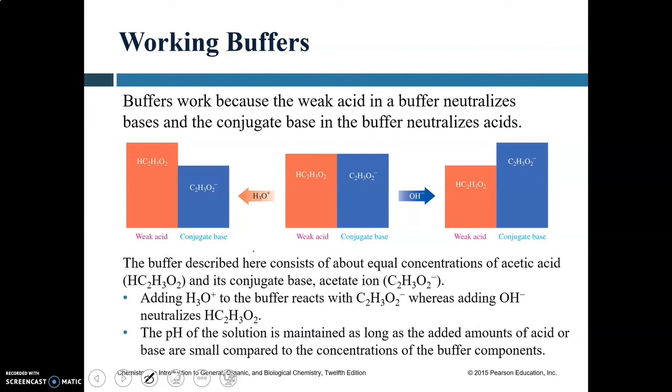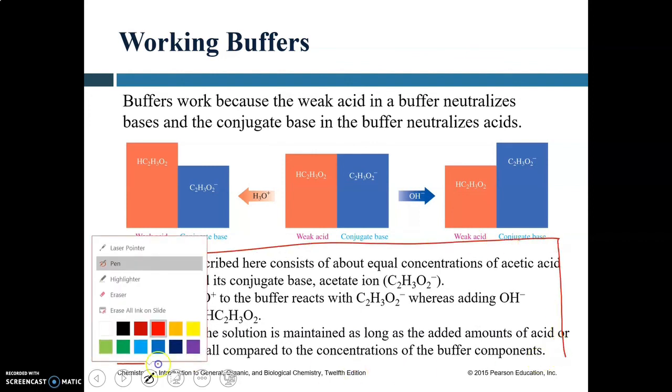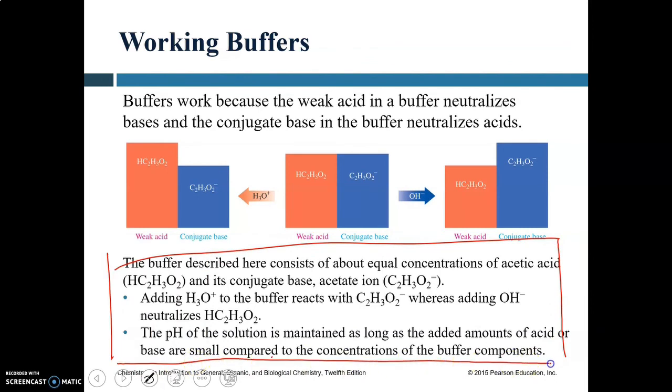So this acetate buffer works because we provide pretty much equal concentrations of acetic acid and its conjugate base, acetate ion. When we add acid to the buffer, acid reacts with acetate ion. When we add hydroxide, hydroxide interacts with acetic acid.